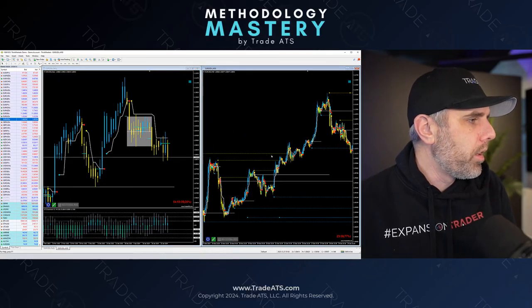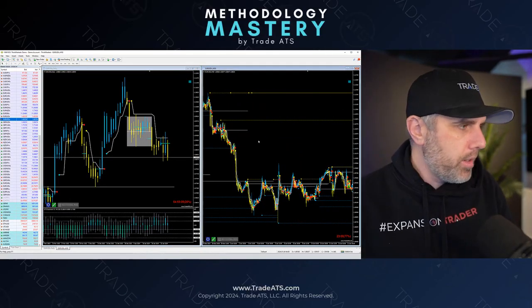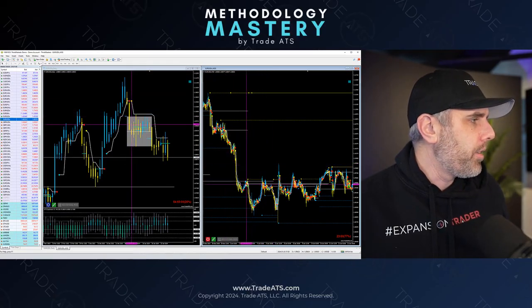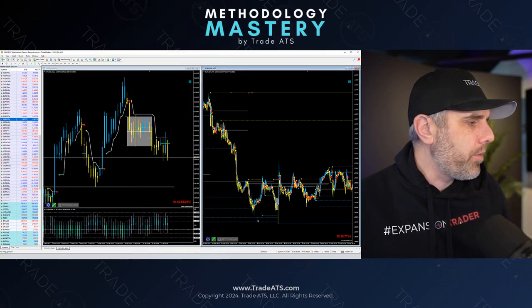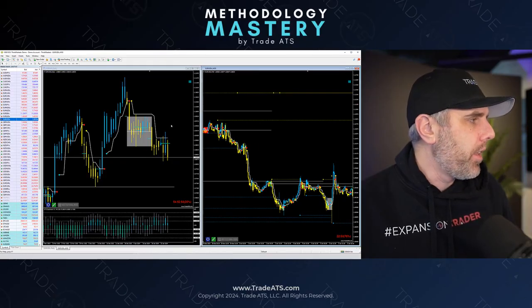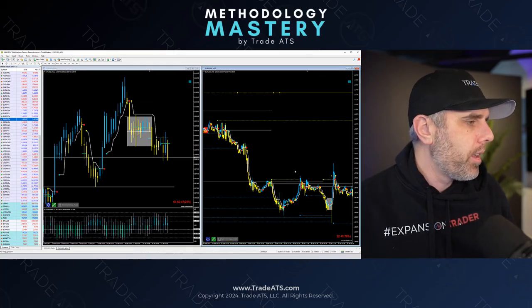So from that point, which was back right here, we have these master patterns forming on the lower time frame. And we have the expectation that the flow of money is going down, based off of this kickoff inefficiency and the fact that we're trading below ATS trend.